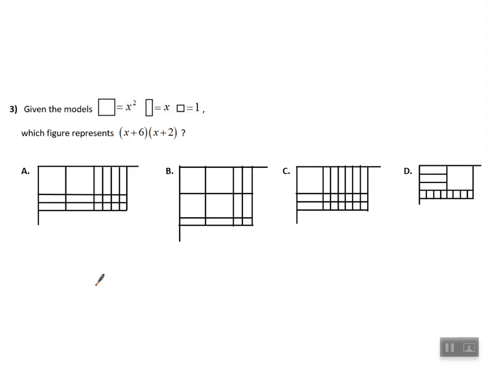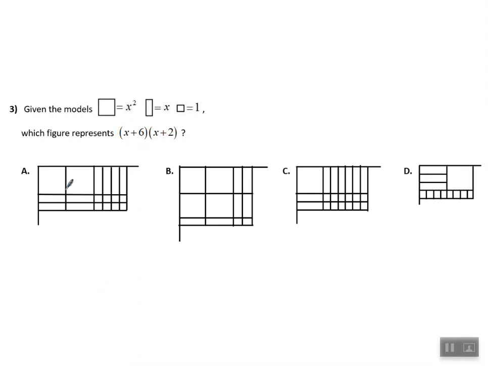So let's take a look at an example. We know that a big square is x squared, a rectangle is x, and a little square is 1. And we want to know which one of these is the same as x plus 6 times x plus 2. Well, let's look at the pictures first.